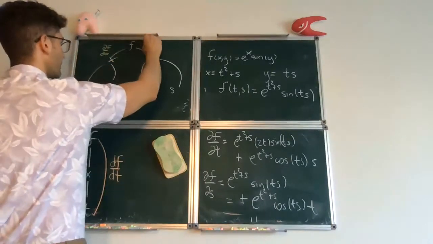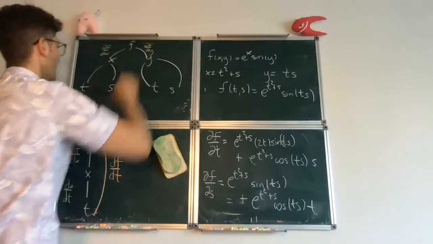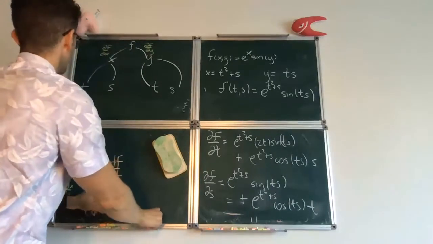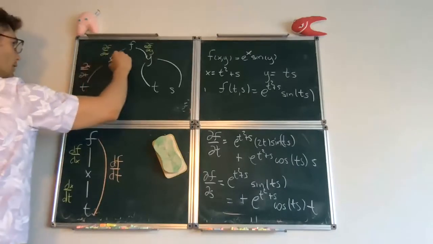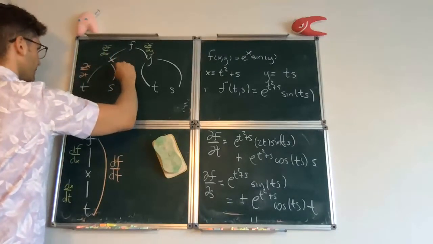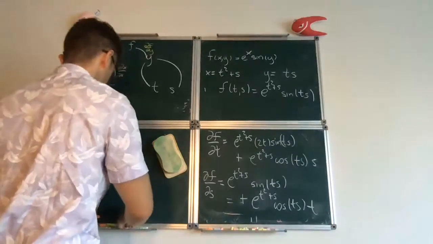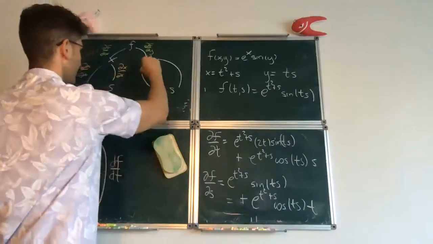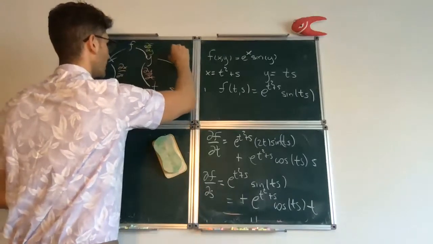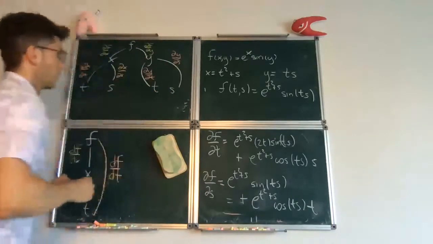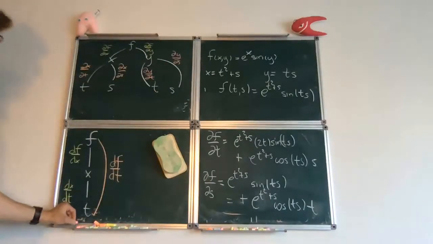Here's the partial derivative of f with respect to y. And here's the partial derivative of x with respect to t. Partial derivative of x with respect to s. Partial derivative of y with respect to t. Partial derivative of y with respect to s.